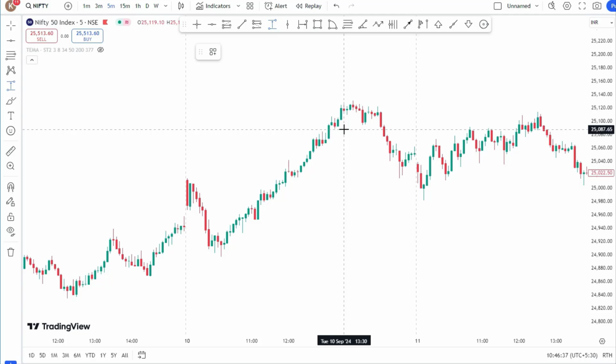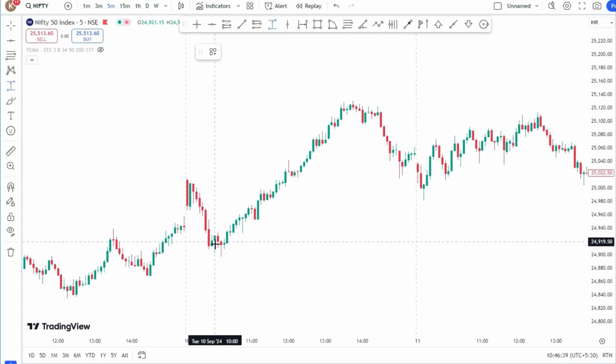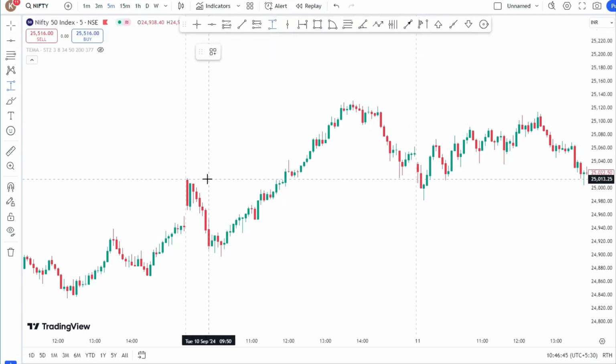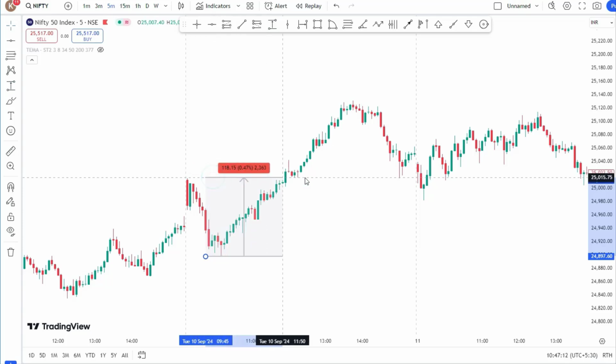We don't have this graph, we just have moved from here to here, and we find out that this is the support. So in that case, what we can do, we will take the high and low of this wave and extend it.